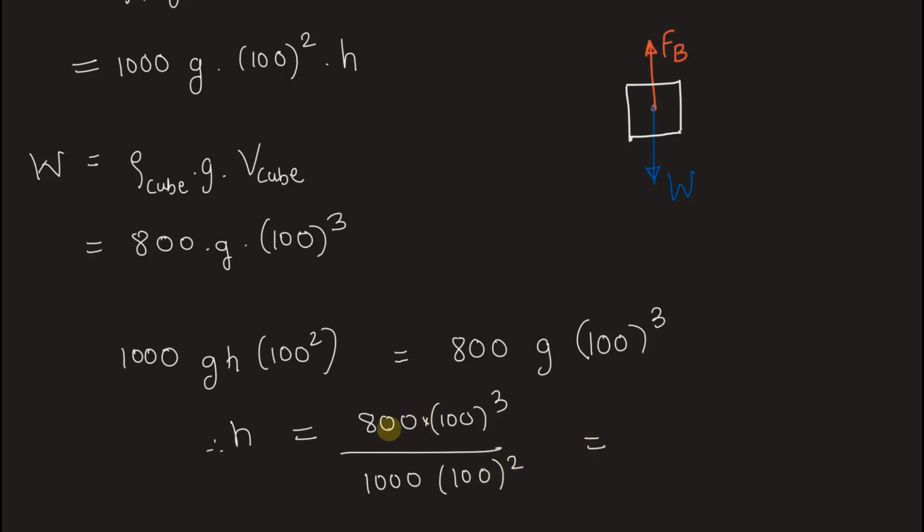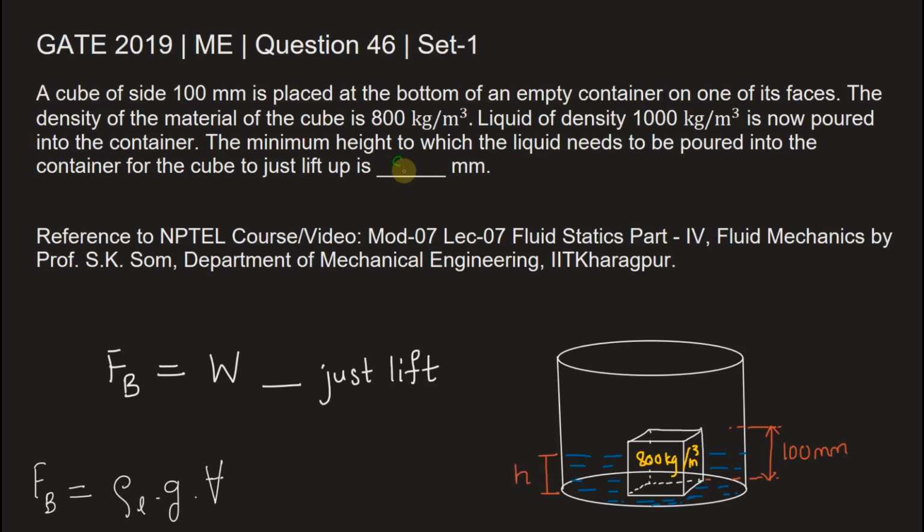The zero getting cancelled, 0.8 into 100, that is nothing but 80, and the unit we did not change for the dimensions of cube, so the unit that we are getting is mm. Density upon density is unitless, this is volume in mm cube, this is area in mm square, so we get the height value in mm. We can write the answer here as 80, unit is already given, mm.